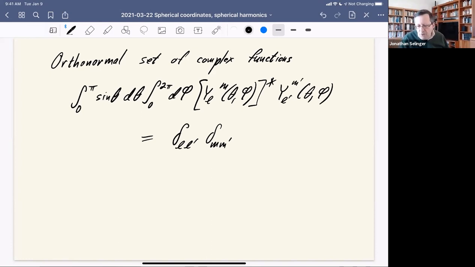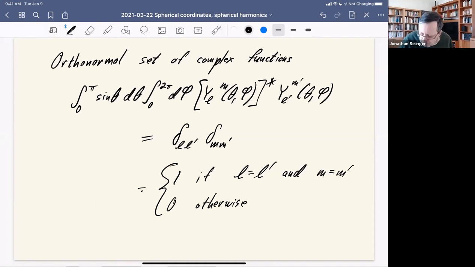So this integral is 1 if L equals L' and M equals M' and 0 otherwise. And you'll notice when I did this, I remembered to put the measure of integration right there for theta. I don't need that for R, but I do need it for theta because there's an angular integral in here.